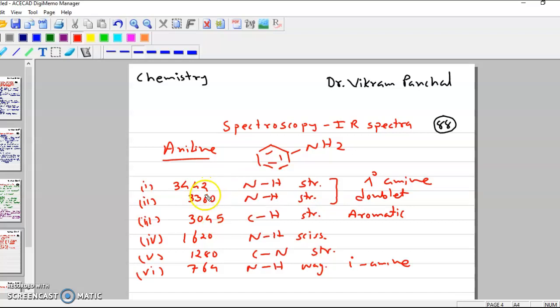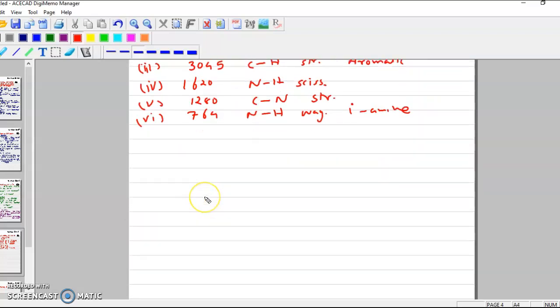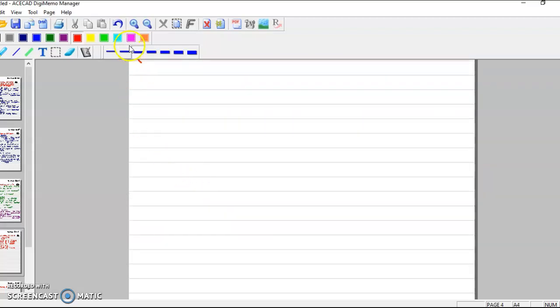Now the next compound will be isobutyl amide. Here you will observe 3350 and 3170.